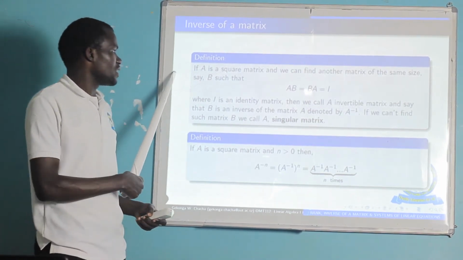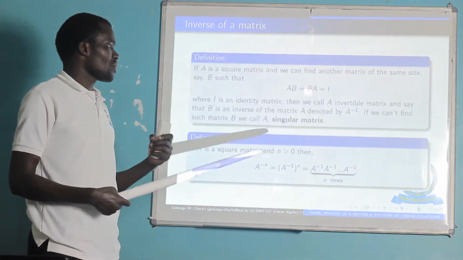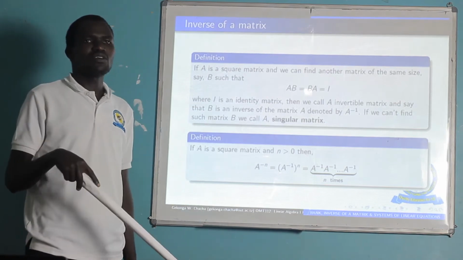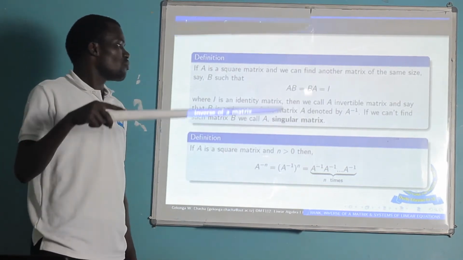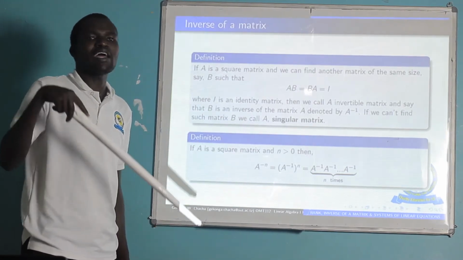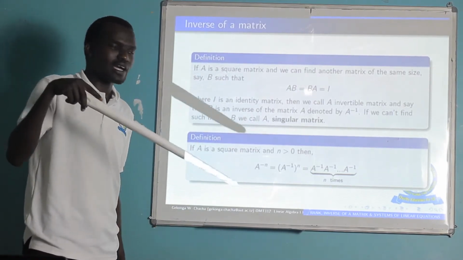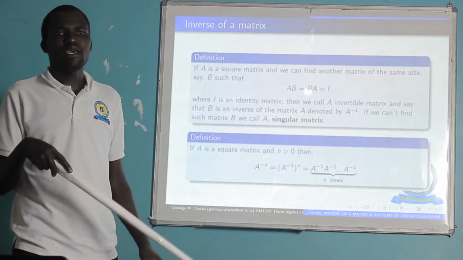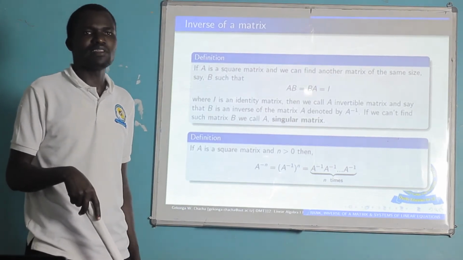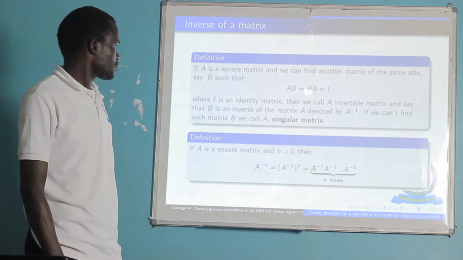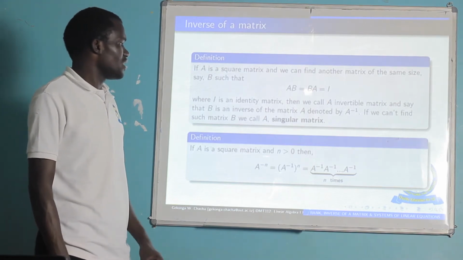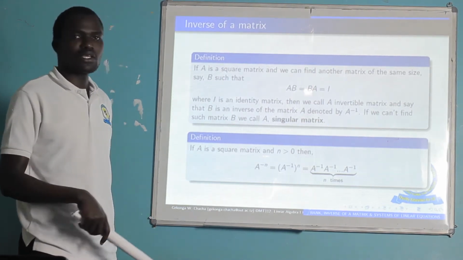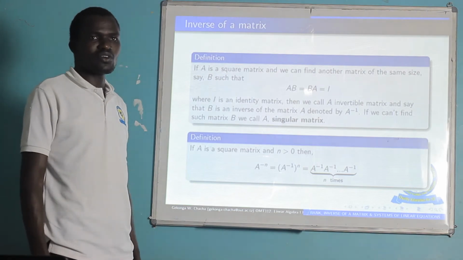If I have a square matrix A, we can find another matrix of the same size called B. If B times A, as well as swapping them, A times B, are equal, and the result is an identity matrix, then we say A is the inverse matrix of B and B is the inverse matrix of A. If you cannot find such a matrix B that gives an identity matrix when multiplied with A, that matrix is called a singular matrix.